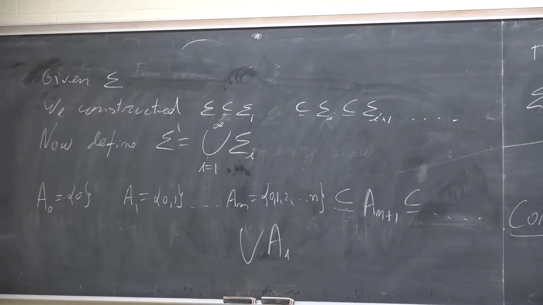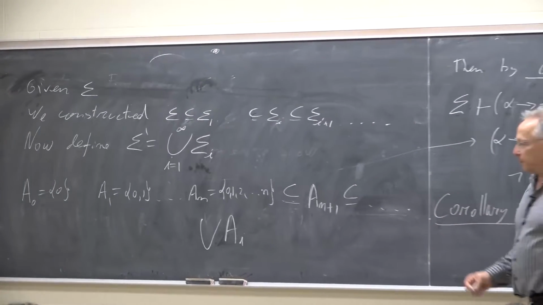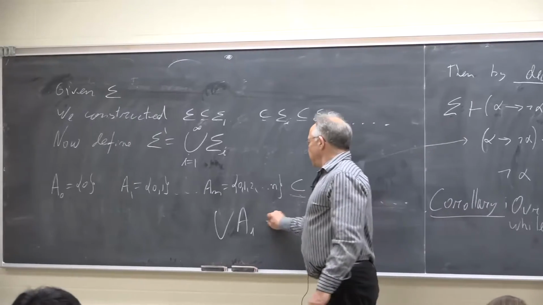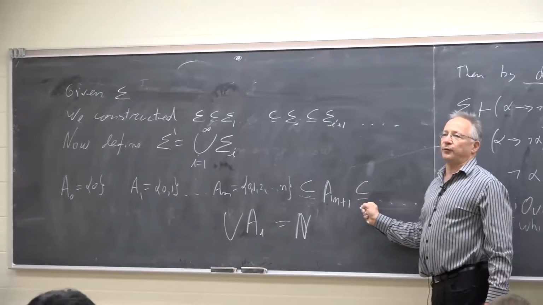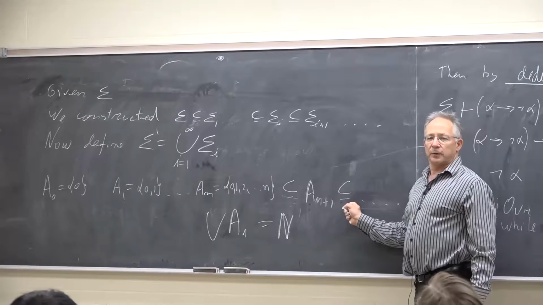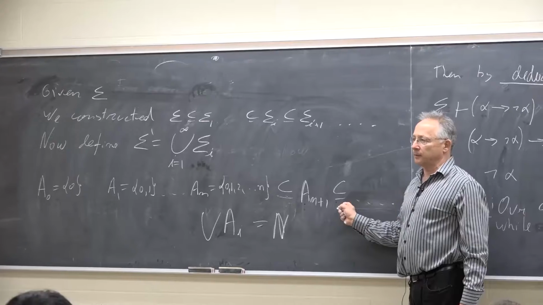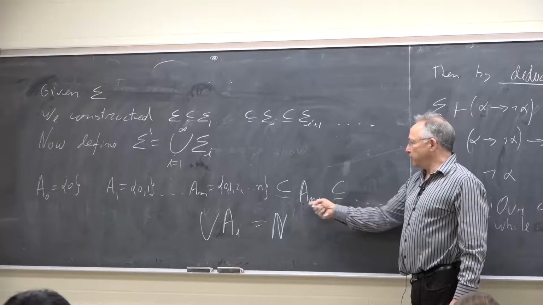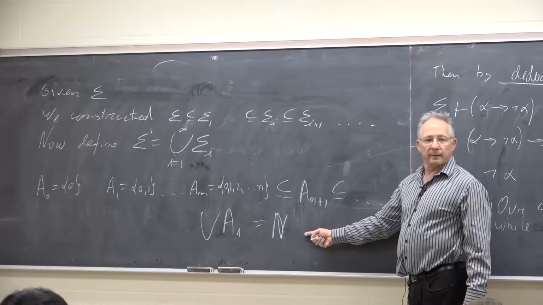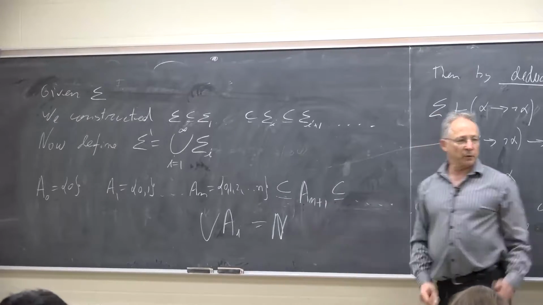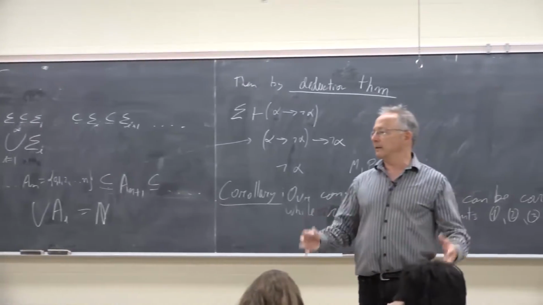It's all of the natural numbers, right? Each AI contains more and more natural numbers. So the union is all of the natural numbers. But each individual set is finite. So the union is much bigger than any of the individual sets in the sequence. Each individual set here is just a finite set, but the union becomes suddenly infinite. So the union can be very different from each of the sets in the sequence.